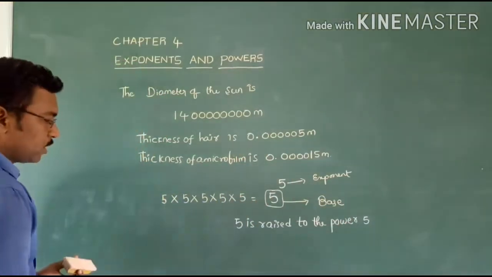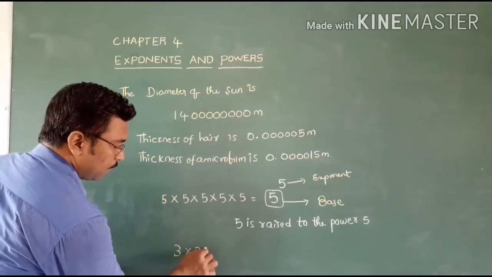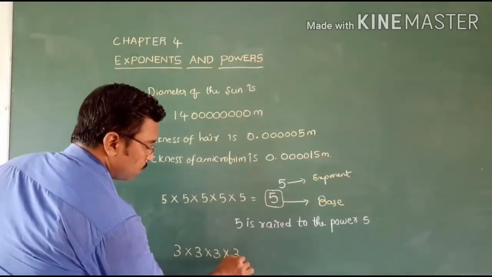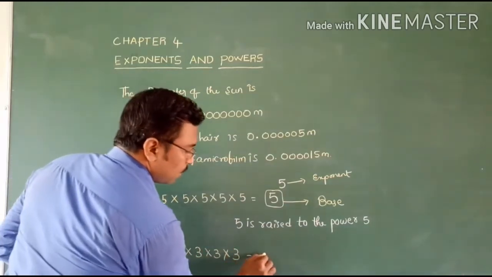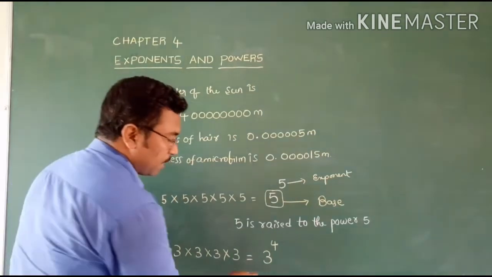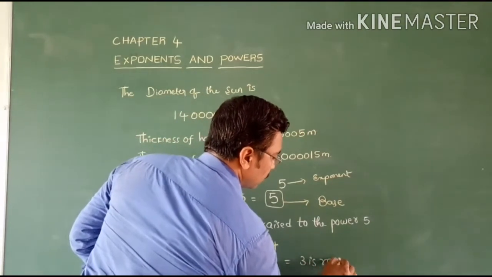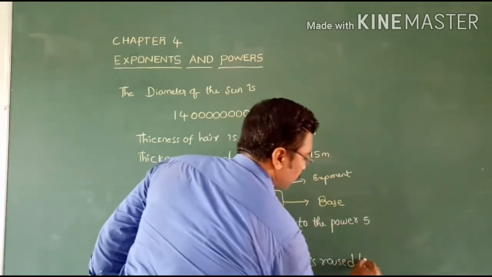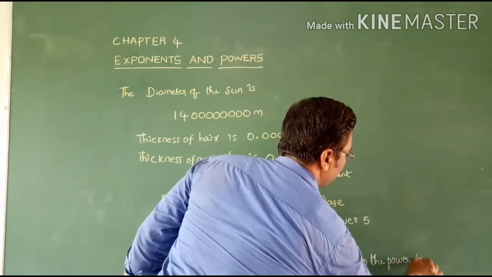We can see one more example here. 3 into 3 into 3 into 3 can be written as 3 power 4. This can be read as 3 is raised to the power 4.